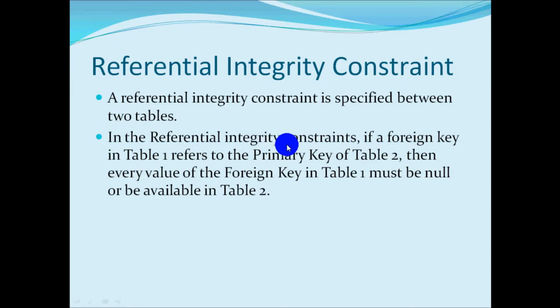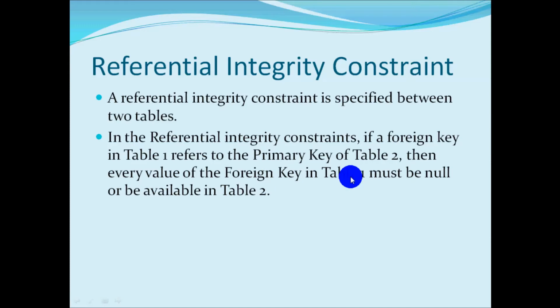Let's look at the previous statement again. In the referential integrity constraint, if a foreign key in table 1 refers to the primary key of table 2, then every value of the foreign key in table 1 must be null or be available in table 2. What is this saying?